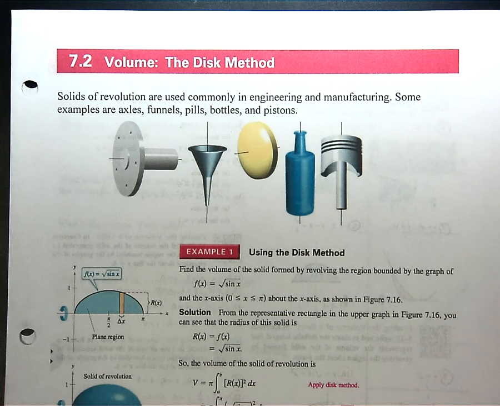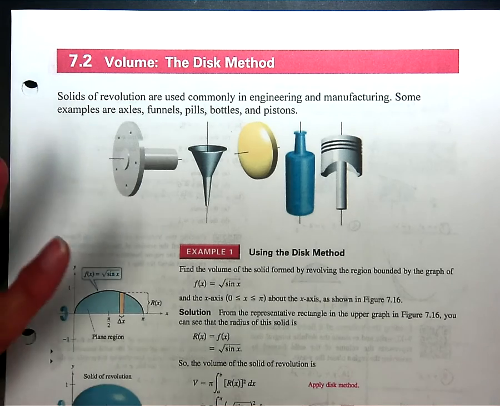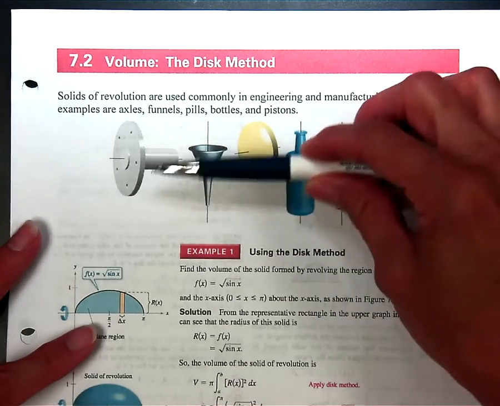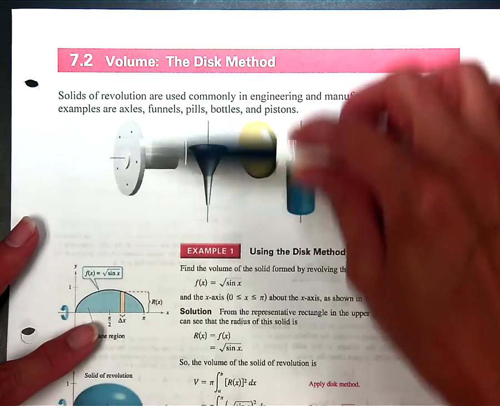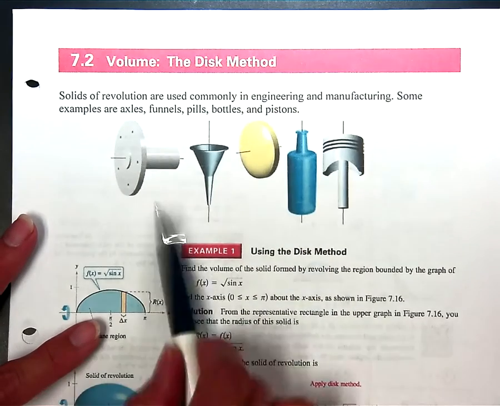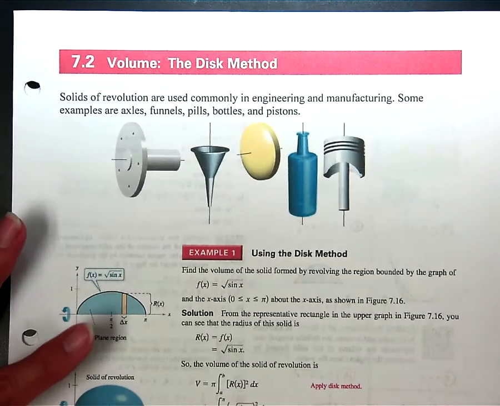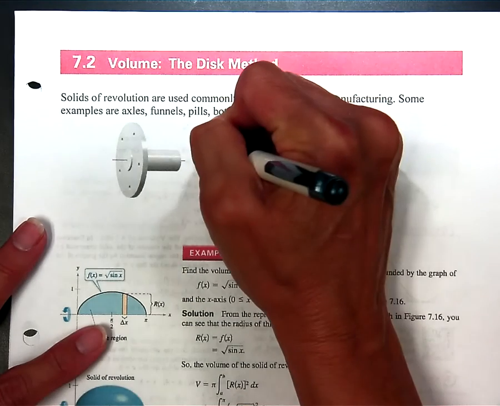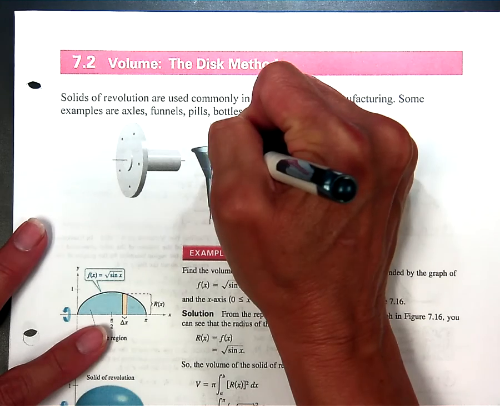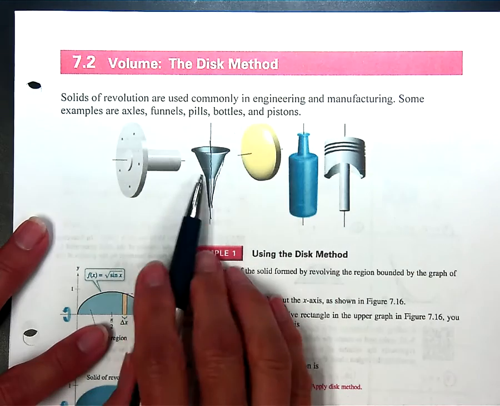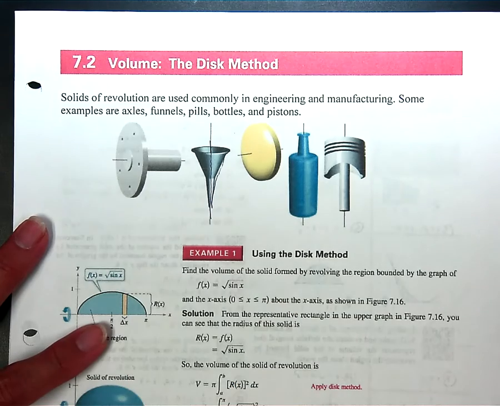And when I looked at these problems last night, I had a really hard time imagining the function which would rotate around the x-axis to give you that shape. That's an axle. I can imagine this one because if that's the y-axis and I had this function right here, spinning it around and around the y-axis would generate that funnel.